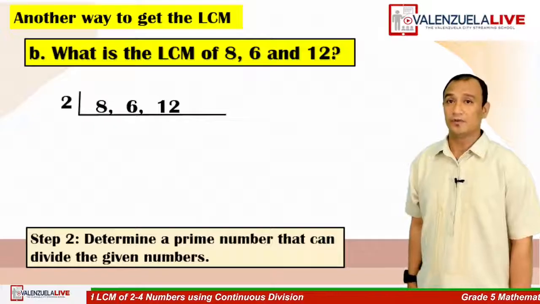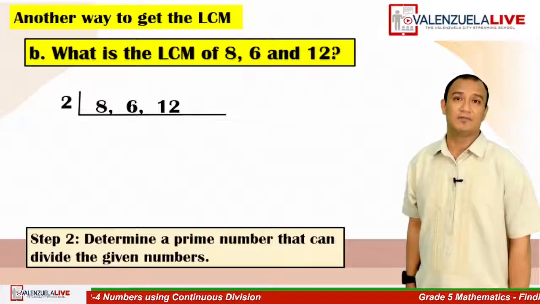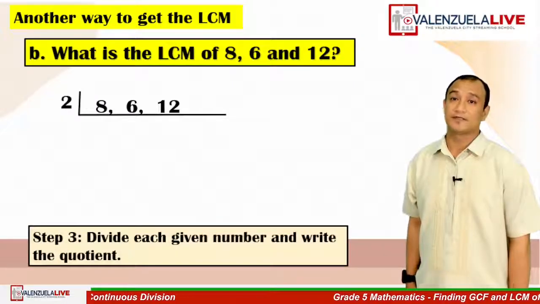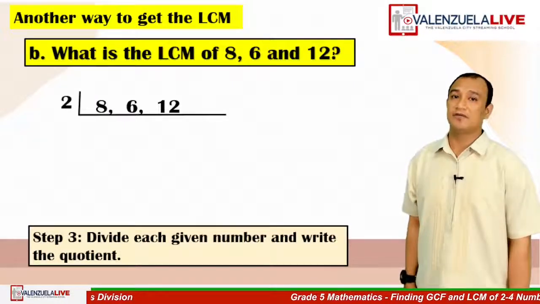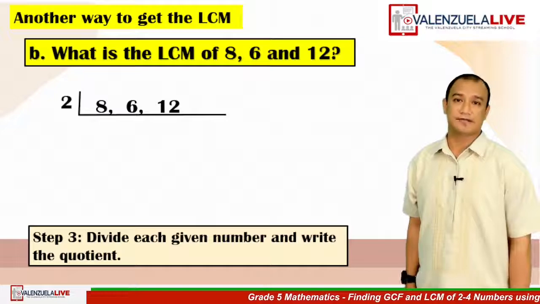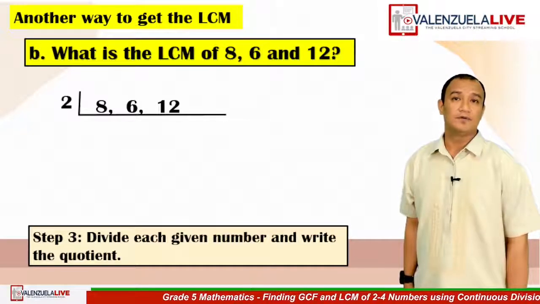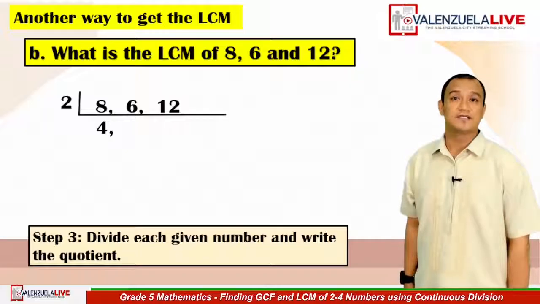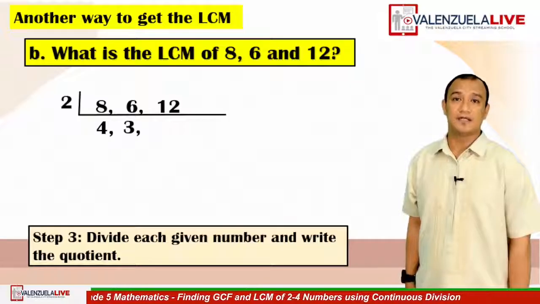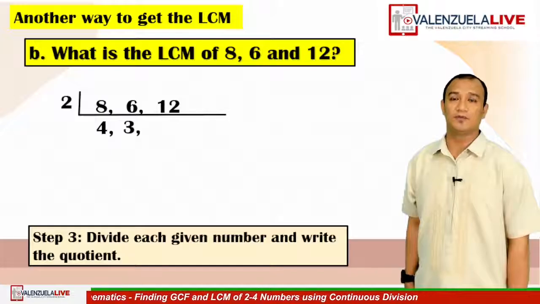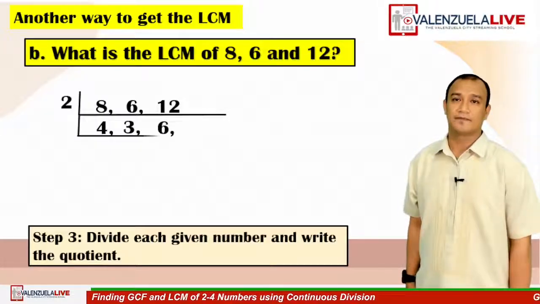Let's say 2, because 8, 6, and 12 are divisible by 2. For step 3, divide each given number and write the quotient. Let's divide. 8 divided by 2 is 4. 6 divided by 2 is 3. And 12 divided by 2 is 6.